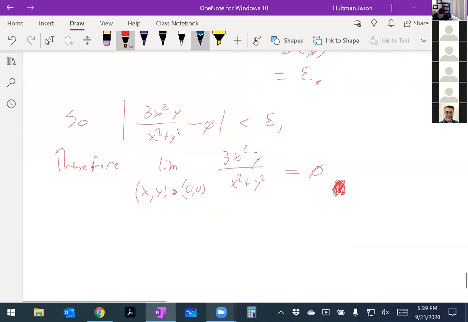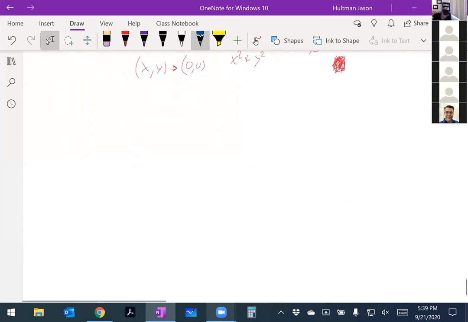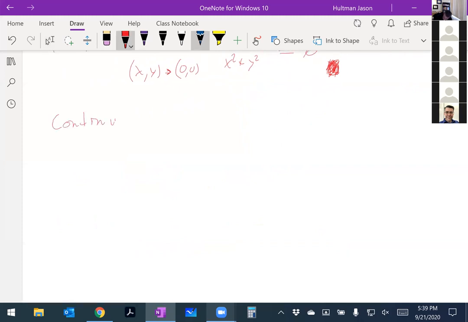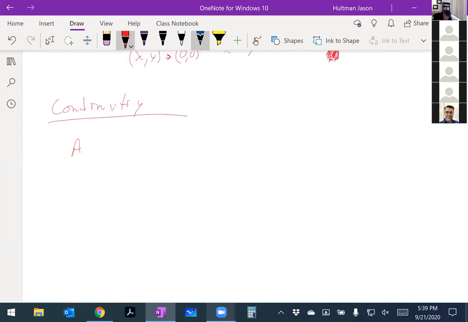Okay, let's just set up the definition of continuity real quick, and then we'll call it a day. Continuity. This is basically the same thing in 2 dimensions as it is in 3.